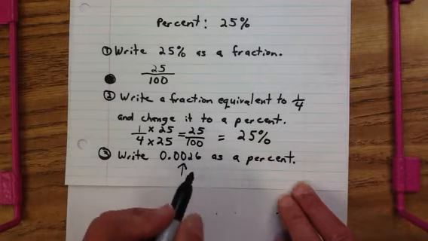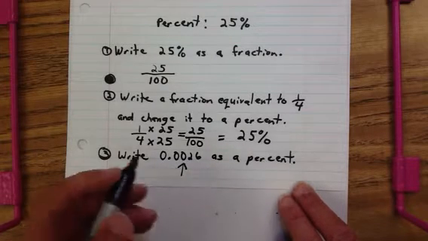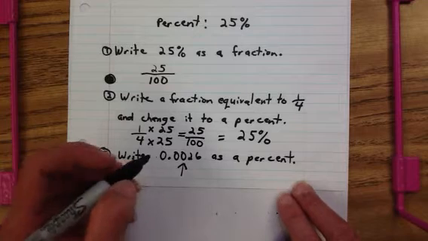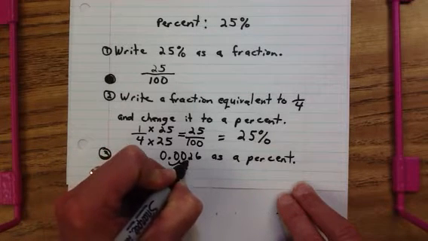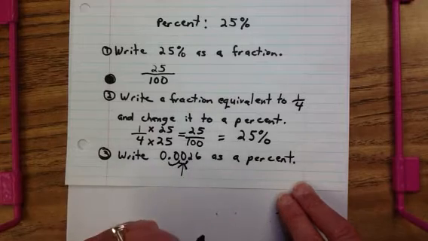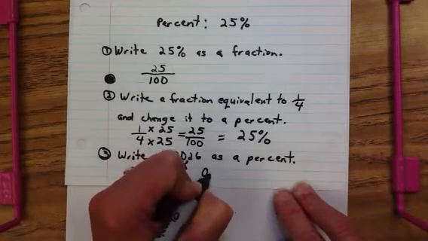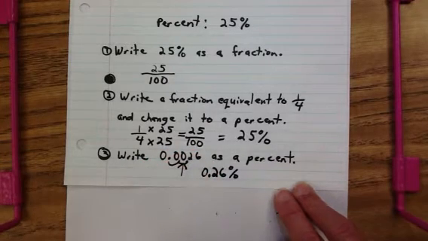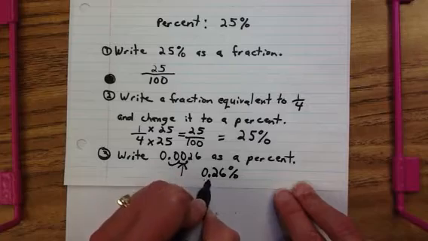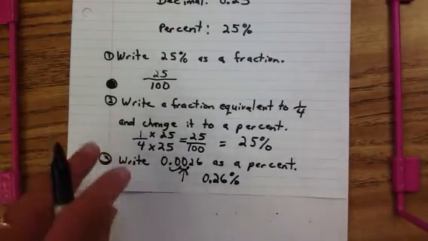So, to write this as a percent, I would move my decimal 2 places to the right, and that would be 0.26%. So it's less than 1%, which brings up another point about percentages.